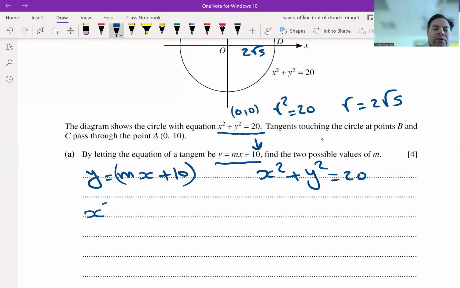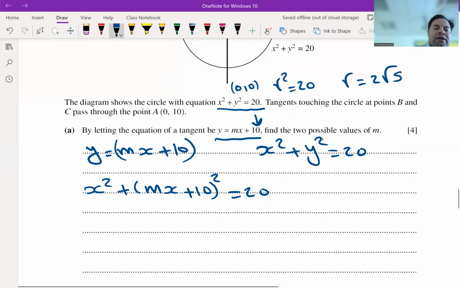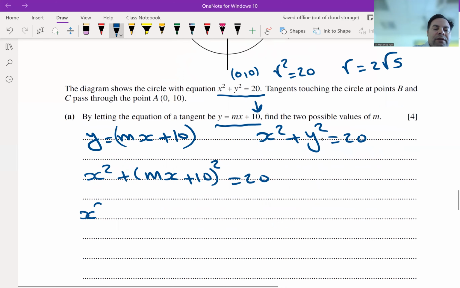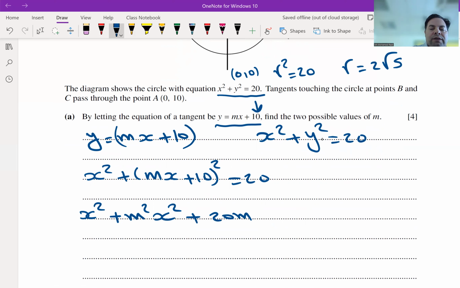So x squared plus (mx plus 10) the whole squared is equal to 20. Expand and simplify: first squared, second squared, first by second by 2, 20mx, plus 100 minus 20 is equal to 0.